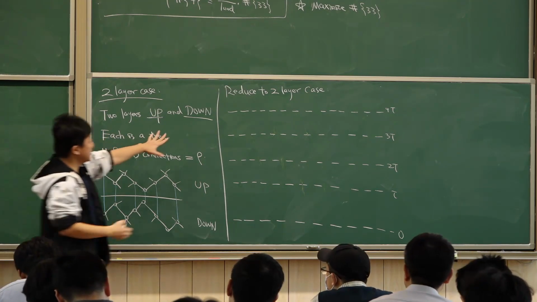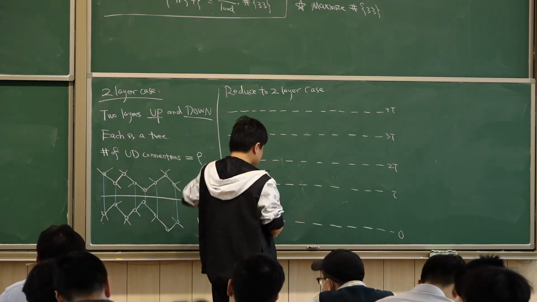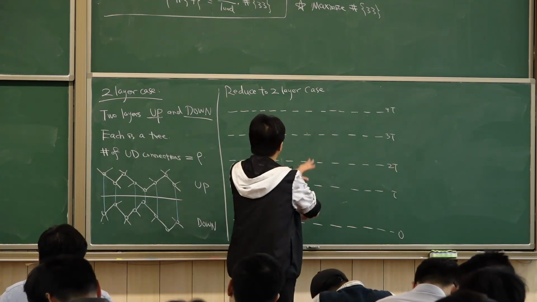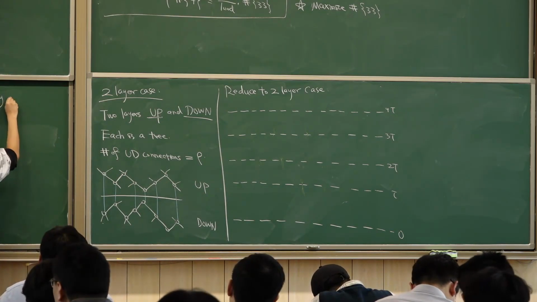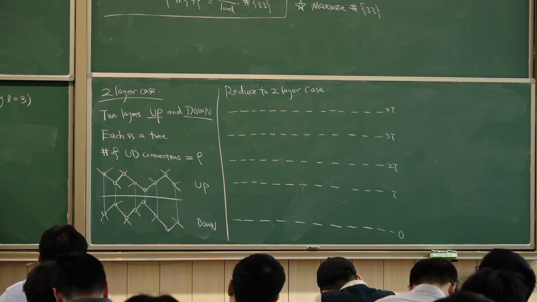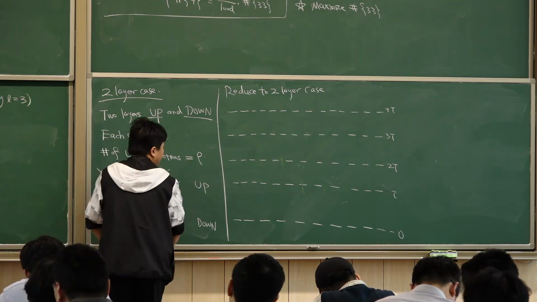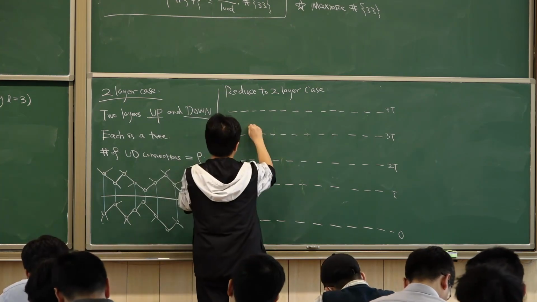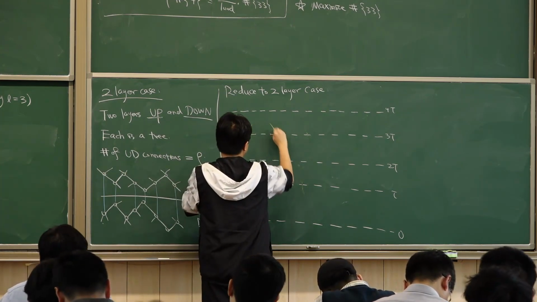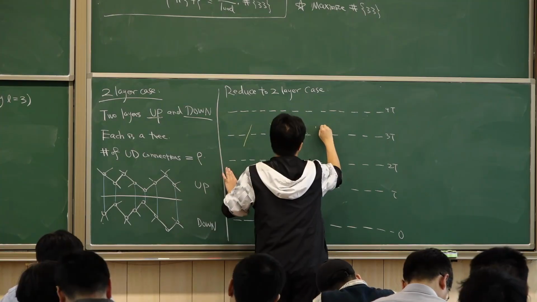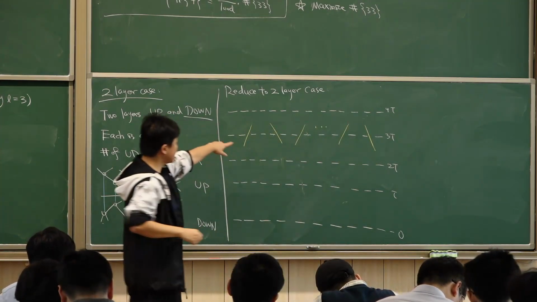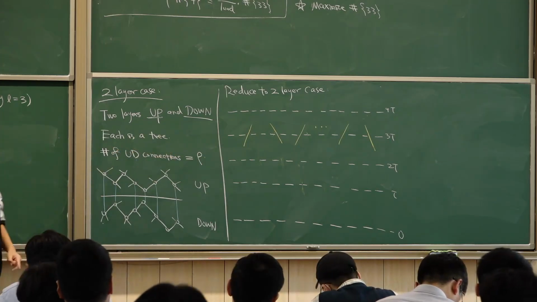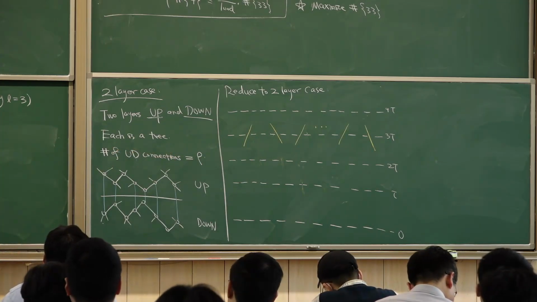This will be essentially the highest layer we are considering. Let's say in this picture, L equals 3. So let's draw out these crossings. We have this. These are all the crossings between layer 3 and layer 4.